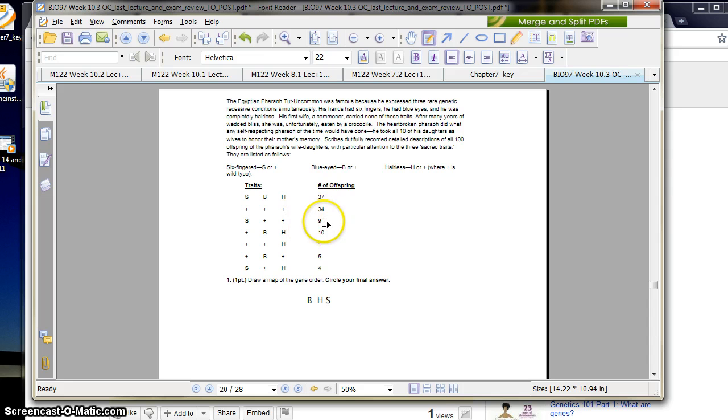So this one's a pair with a single recombination in between the S and the B. Right here is a pair with a single recombination, well, the B is different, and here is your double recombinant. What do you see that's different between this one and the parental? This H and this H, which means that H is in the middle, so it can be BHS or SHB. Either one will work for an answer.